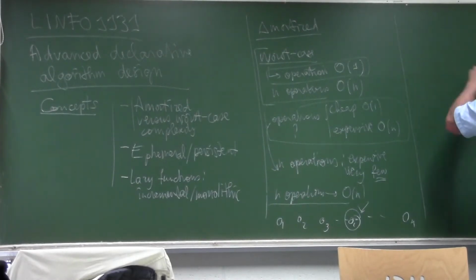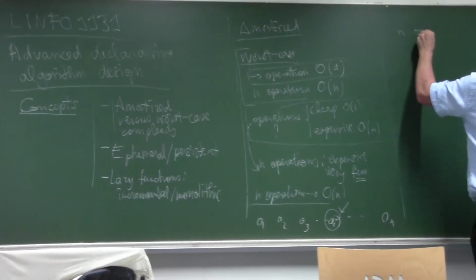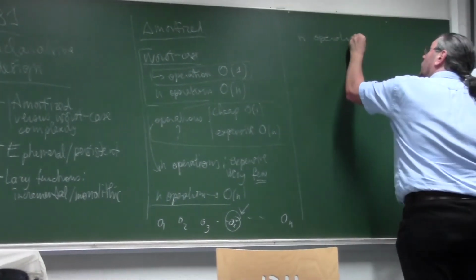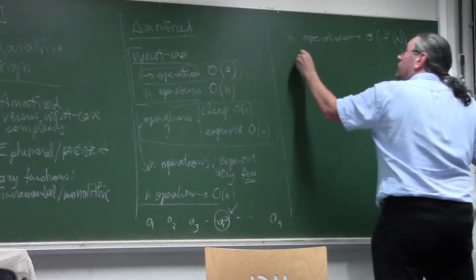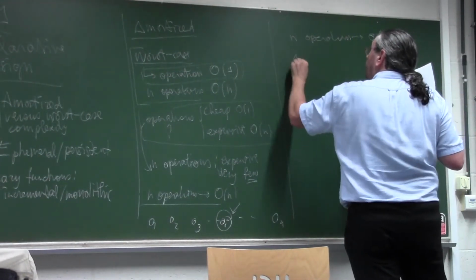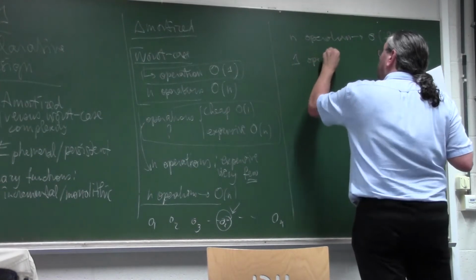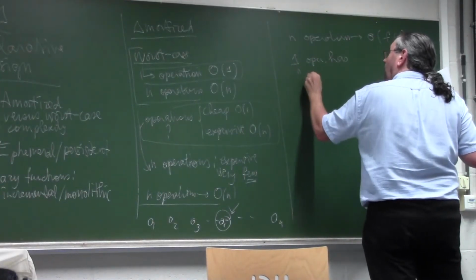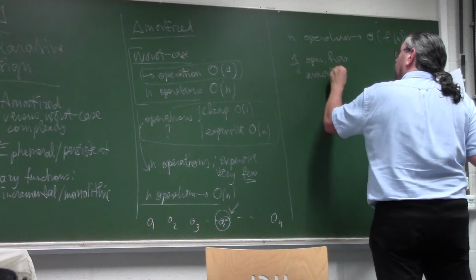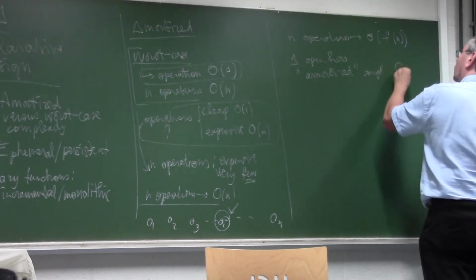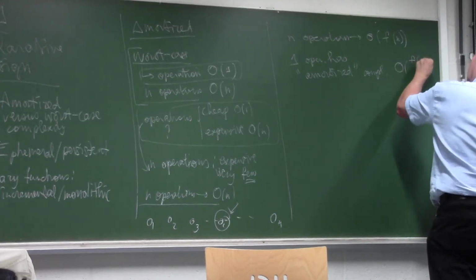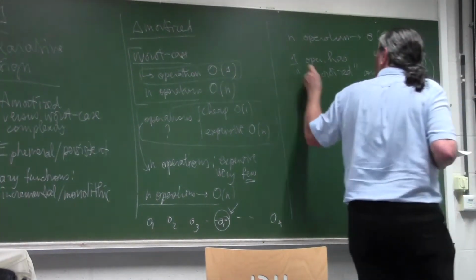The idea is that if you have n operations that in general take order f of n time, then we can say one operation has amortized complexity of order f of n divided by n.